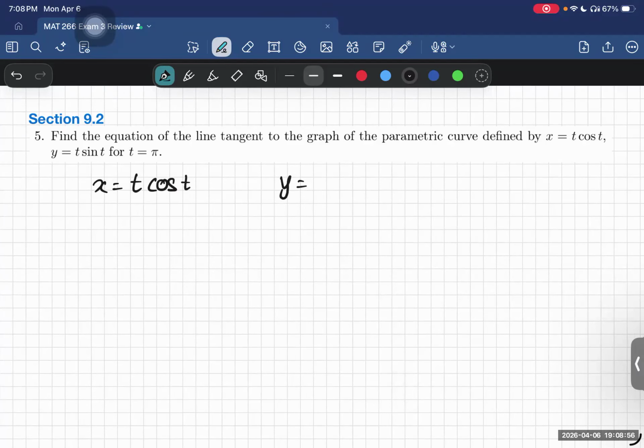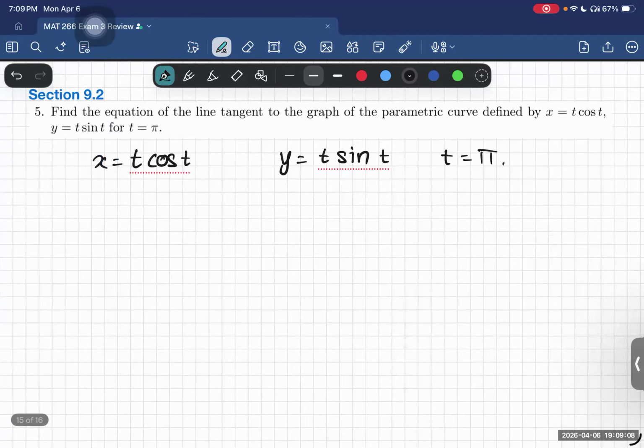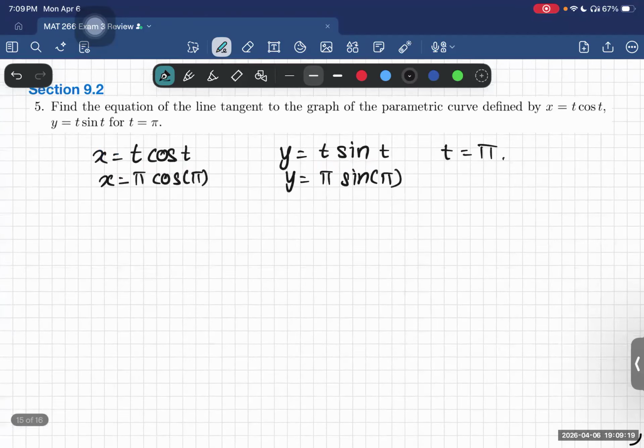I have y equals t sine of t and t is equal to pi. Again, this is kind of like finding parametric equations. So let's plug in the value of t. We have x equals pi cosine pi, y equal to pi sine of pi. All right.